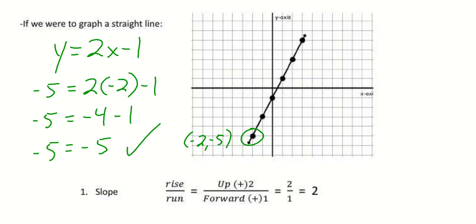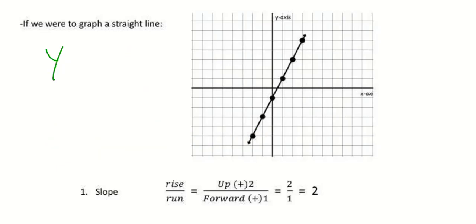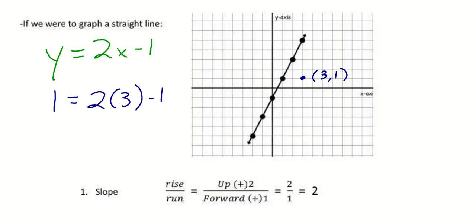Okay? Now, just to show this really quickly, again, using the equation for this line, what if I chose a coordinate that is off the line? So let's just choose an easy one off the line, and let's choose this one right there. That coordinate is at 3, 1. Okay, so let's plug that into our problem. So y value of 1 equals the slope times the x value of 3 minus 1.